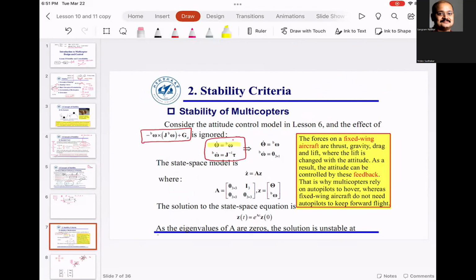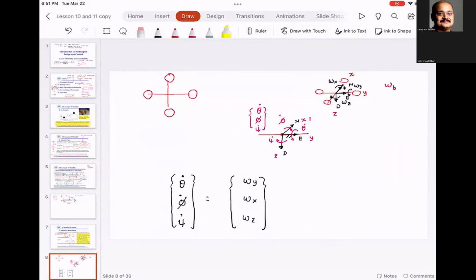Now the second equation is simple. T, which is the torque, is equal to I times alpha. Do you agree with me?